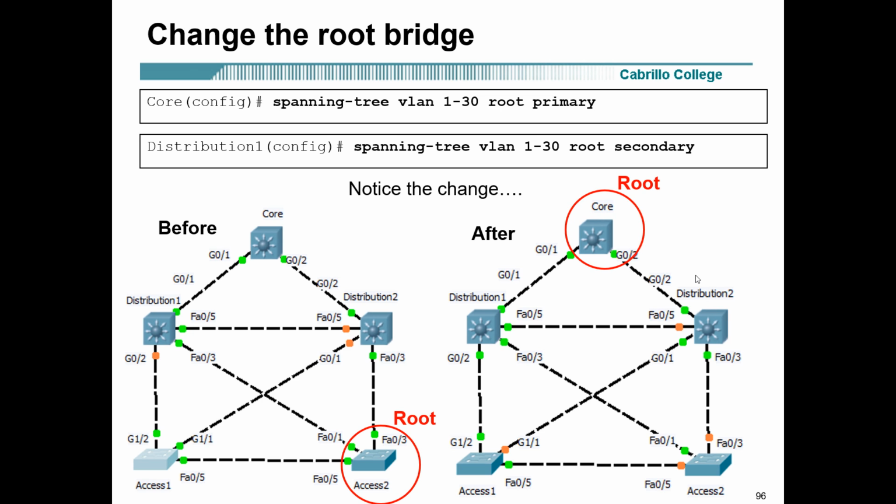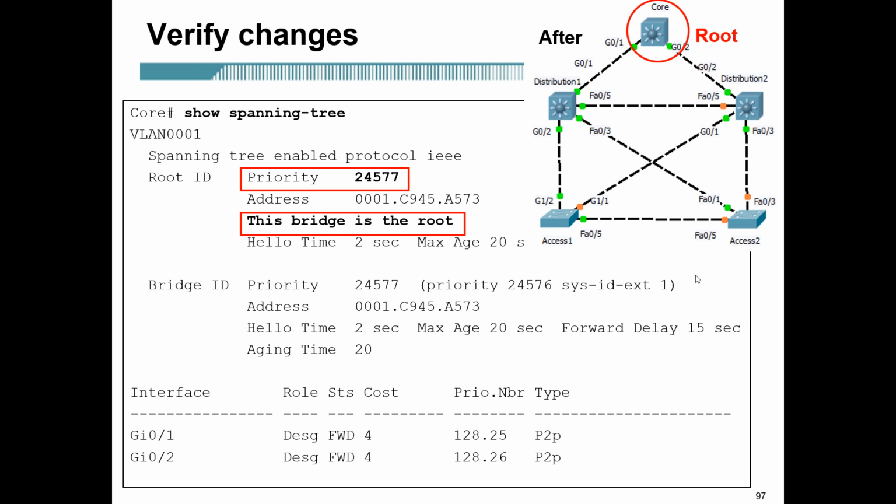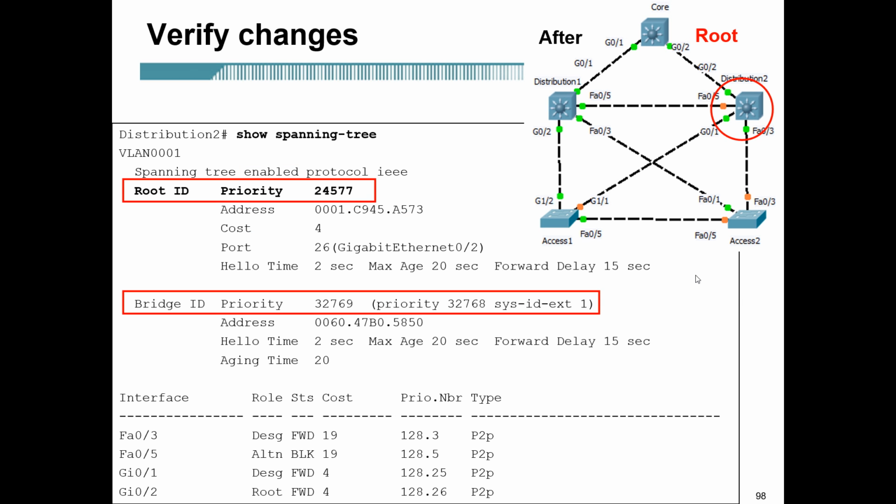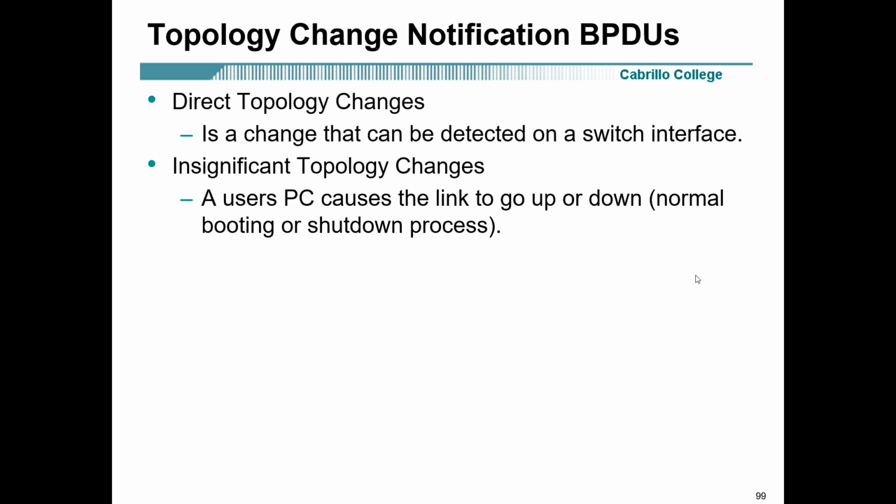And on distribution 1, we would be setting a secondary root bridge. We would verify those changes by doing a show spanning tree, and so we could see the different root priorities and the appropriate bridge ID for those changes.